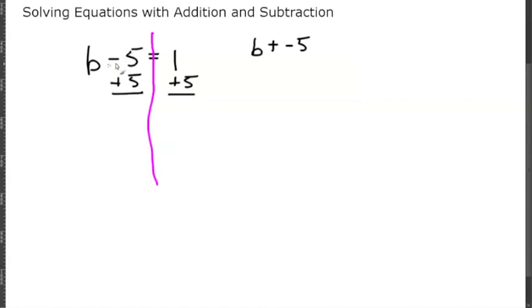So b, the negative 5 plus 5 is 0, and that's equal to 1 plus 5, which is 6. b plus 0 is just itself, b, and we have 6, so b equals 6.